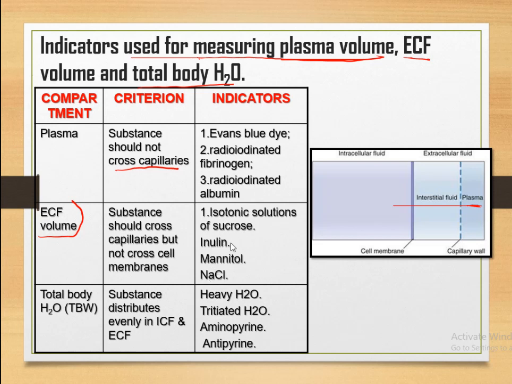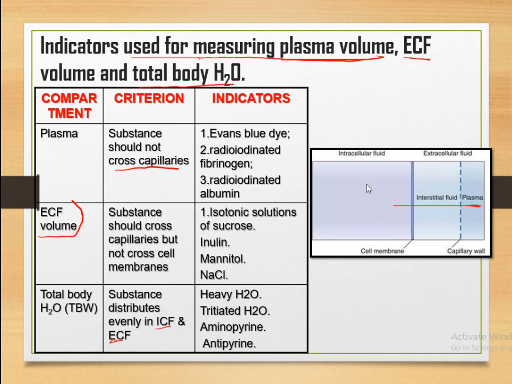These three have to be in an isotonic solution of sucrose. Then for total body water, the substance should distribute evenly in intracellular fluid and extracellular fluid.